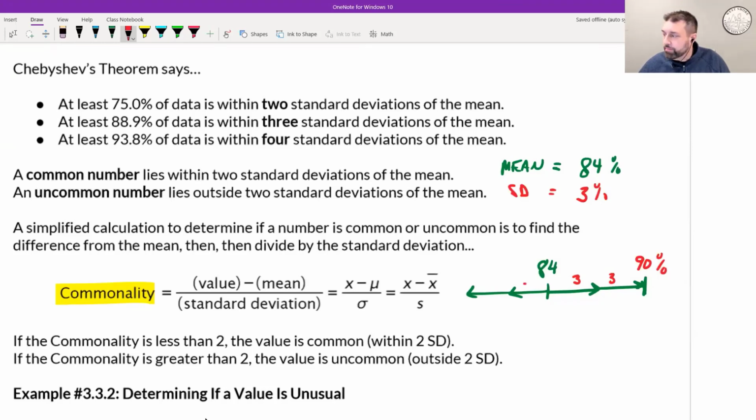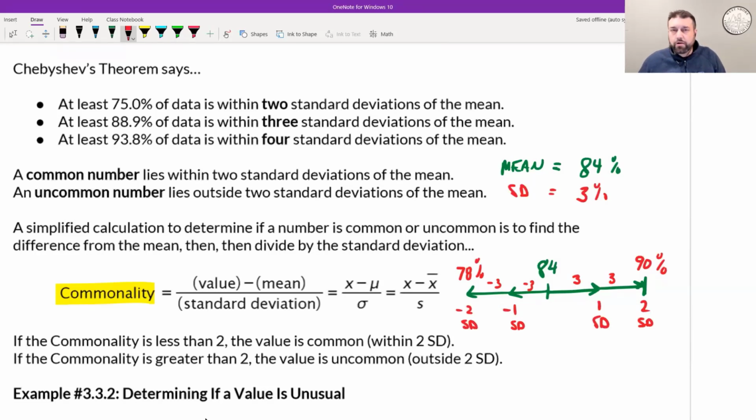And if I went 6 below the mean, that would be 78%. Okay. So I could be assured that at least 75% of all the exam scores would be in this interval. Okay, great, fine. This is 1 standard deviation. This is 2 standard deviations. This would be -1 standard deviation. This would be -2 standard deviations.